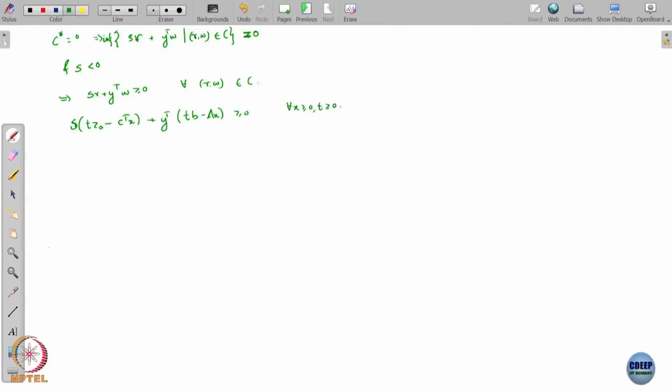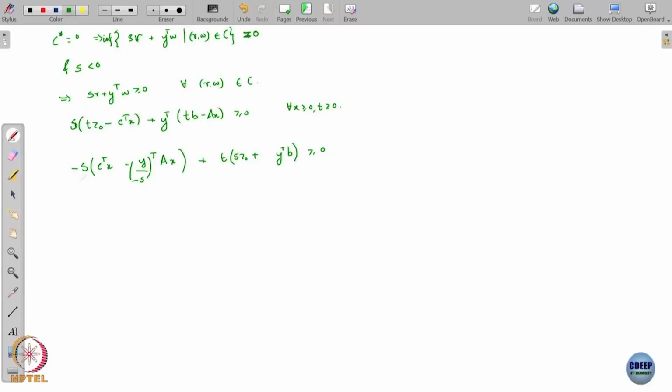Let me rearrange this a little bit. I have just rearranged a few terms here. I picked up the couple of terms that involve x and put them together here. So, this is C transpose x, there is a minus s which I pulled out outside, and y transpose A x. There is a minus sign here, that minus sign has come here, and since I pulled a minus s outside, I have divided by minus s.